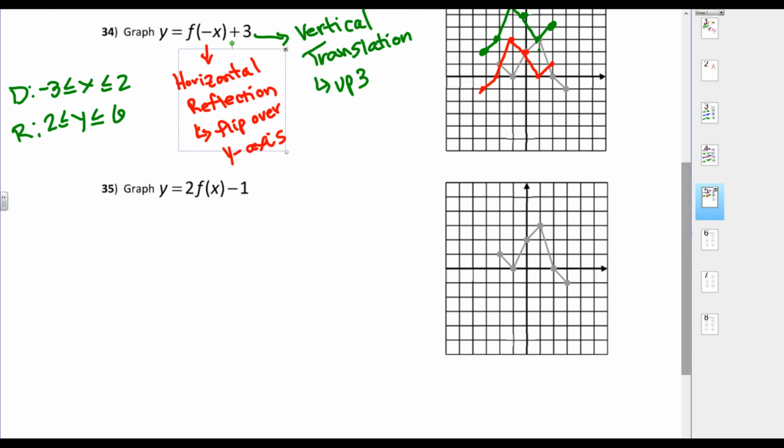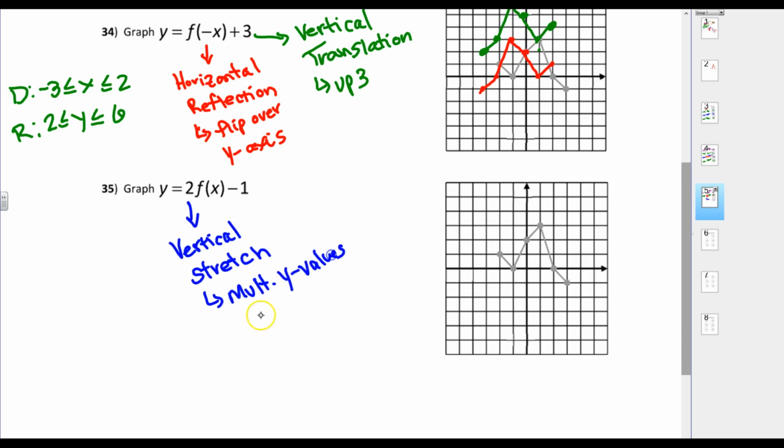Here we go. This last one, I also have 2 things going on. This is a vertical stretch, which means we're going to multiply your y values by 2.